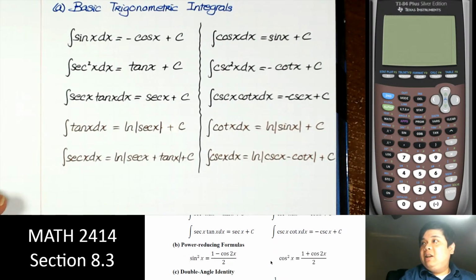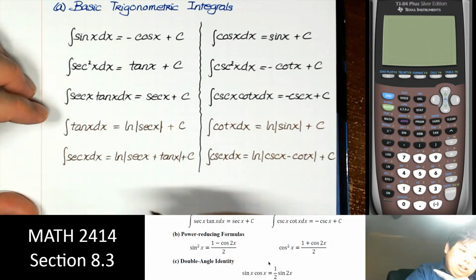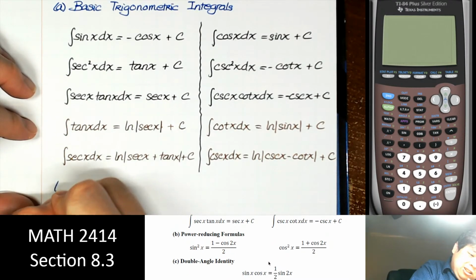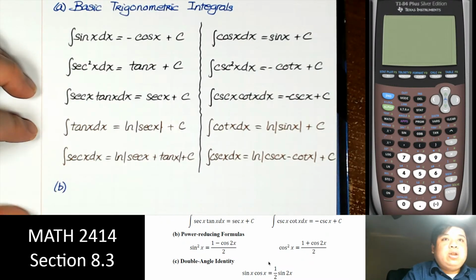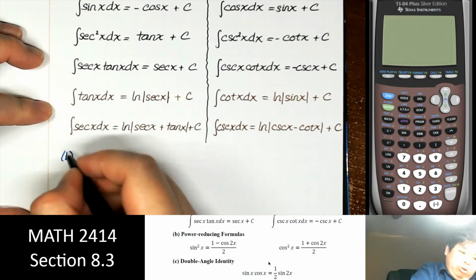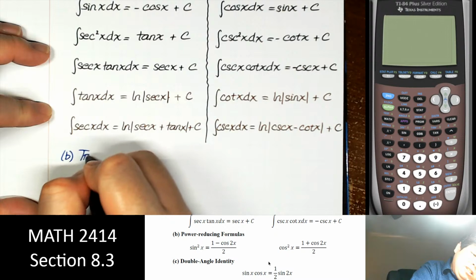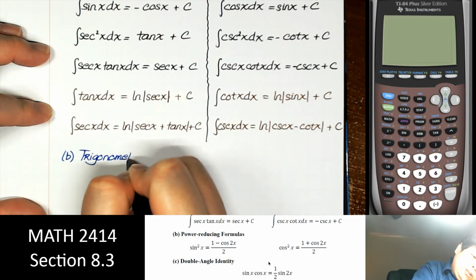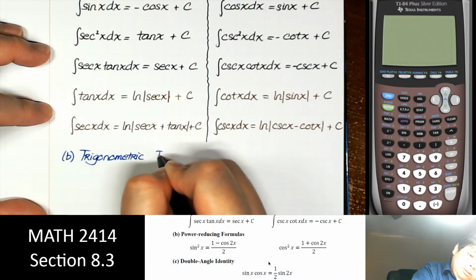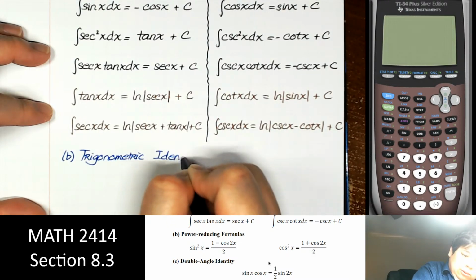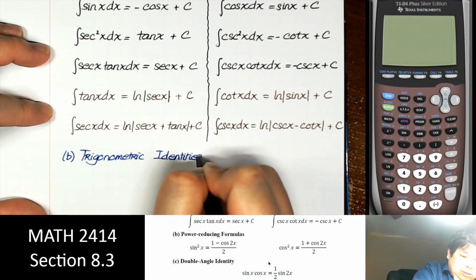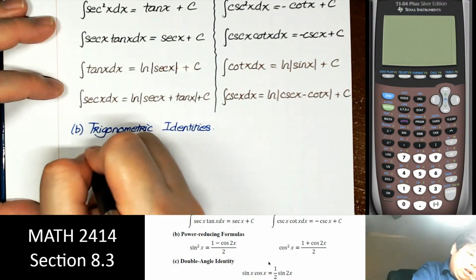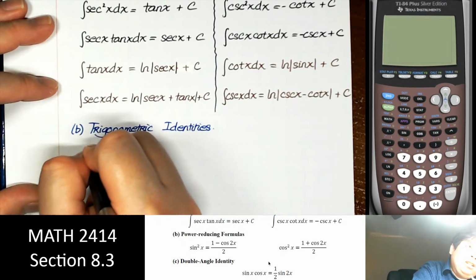Next, the power reducing. So I just write trig identities, including the power reducing.